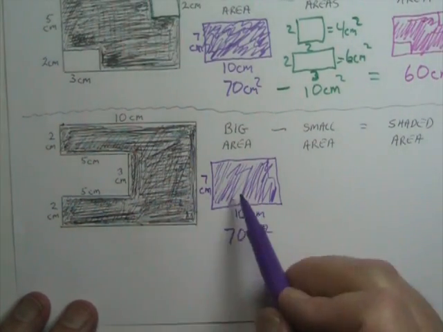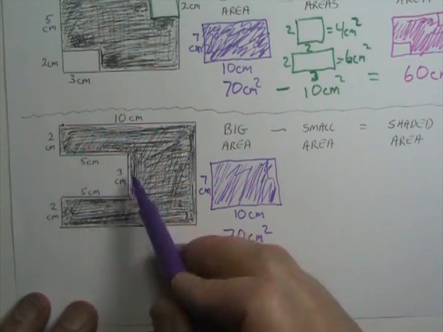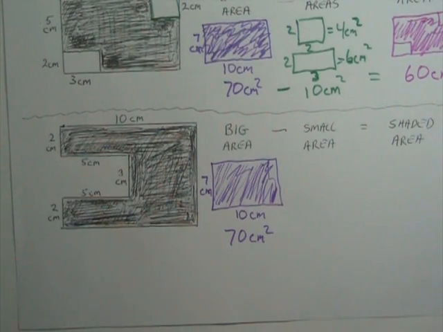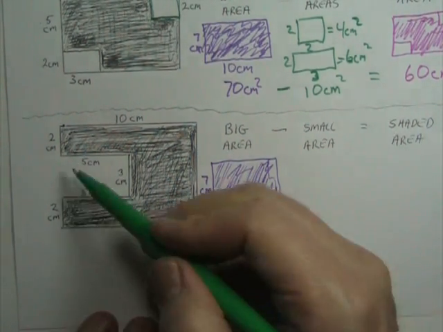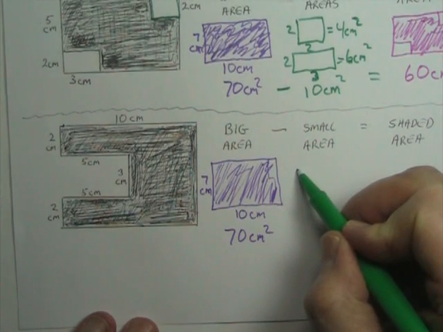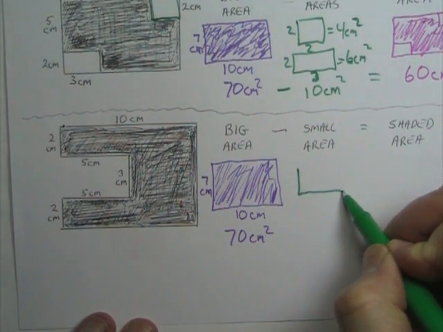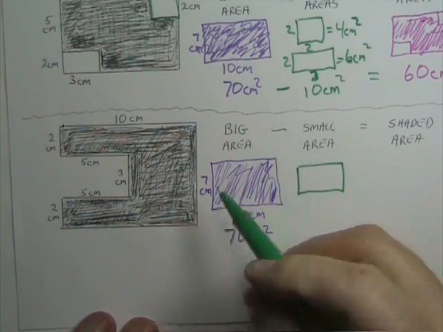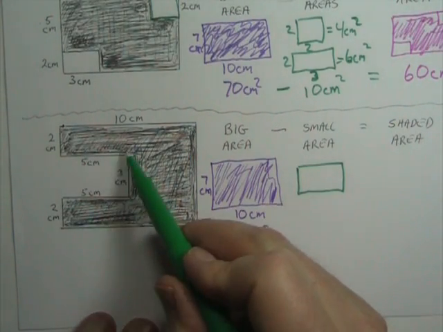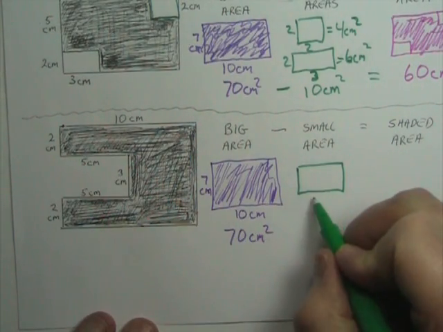Okay, so now we have this, and now we're going to cut this out. How much are we cutting out? We are cutting out this rectangle, which looks like it's 5 by 3. 5 by 3.